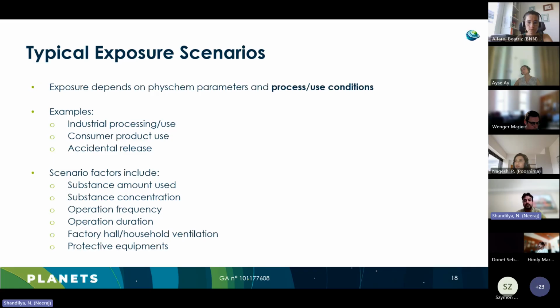We need to specify exactly in what sort of process or use conditions the substance is. These use conditions can be, for example, the amount of the substance that we're using, the concentration of the substance, the frequency or the duration of the use, the sort of ventilation in our houses or at the factory hall, and whether we have some sort of protective equipment or not. All these elements we take into consideration while defining the exposure scenario.